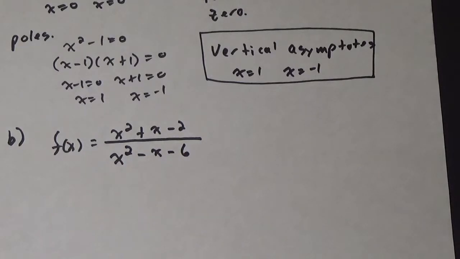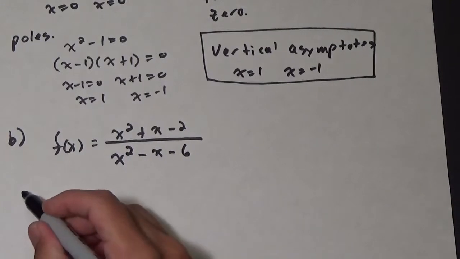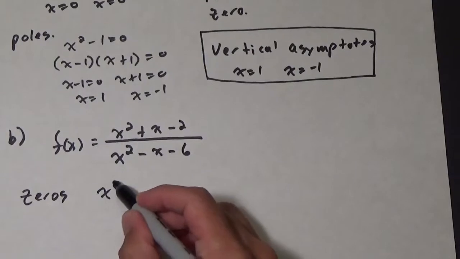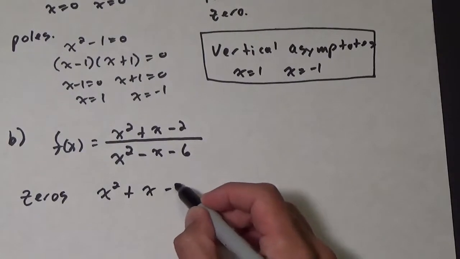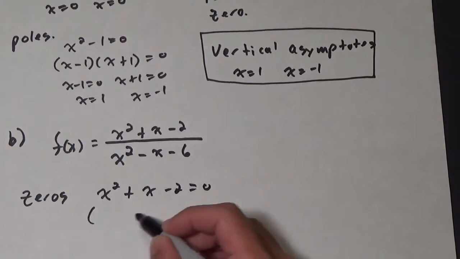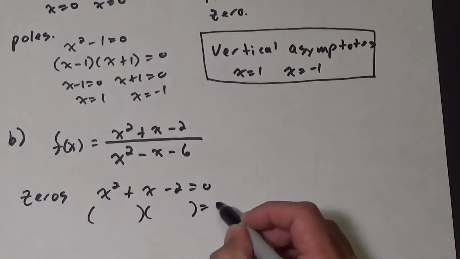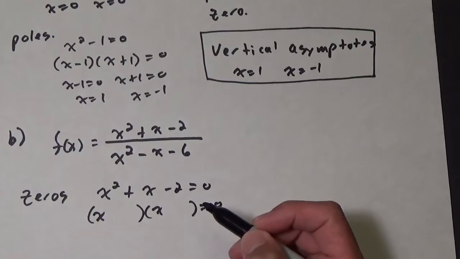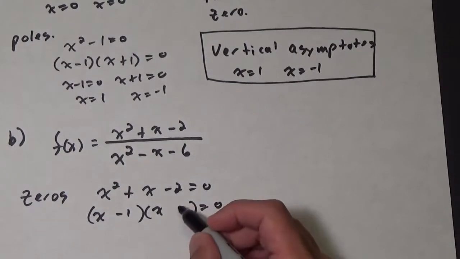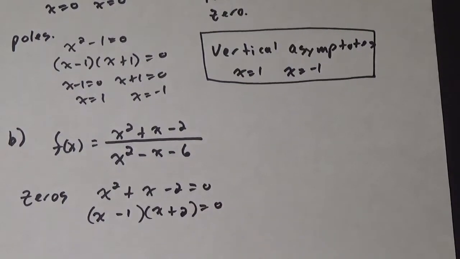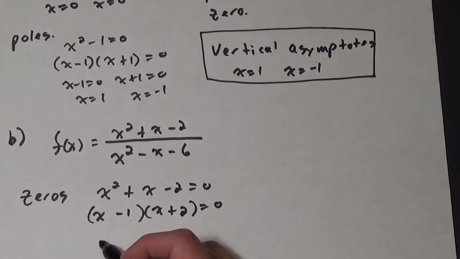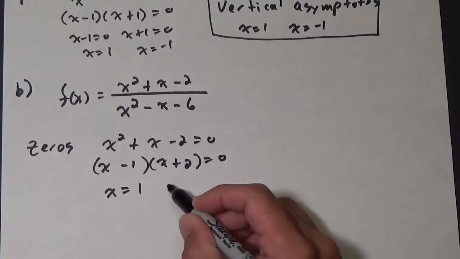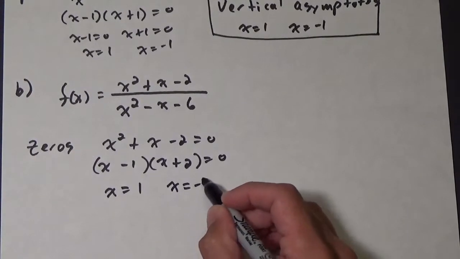Alright, so we first start off with our zeros. x squared plus x minus 2 equals 0. So let's see, we can factor this. Minus 1 plus 2. So we end up with x equals 1 and x equals a negative 2.